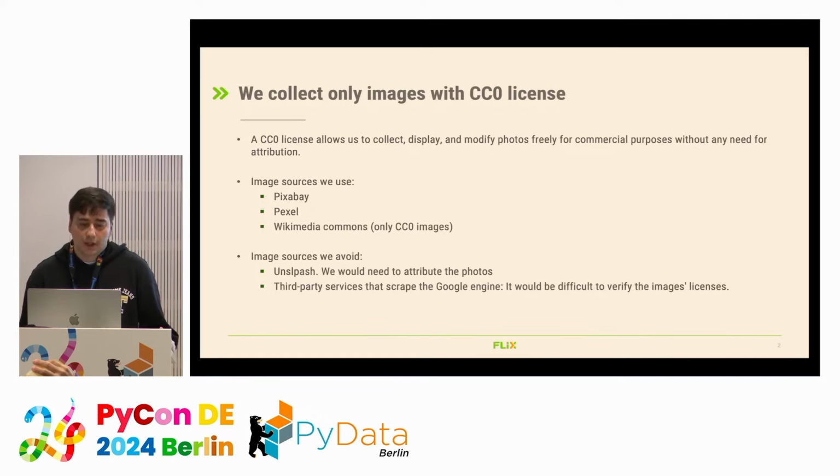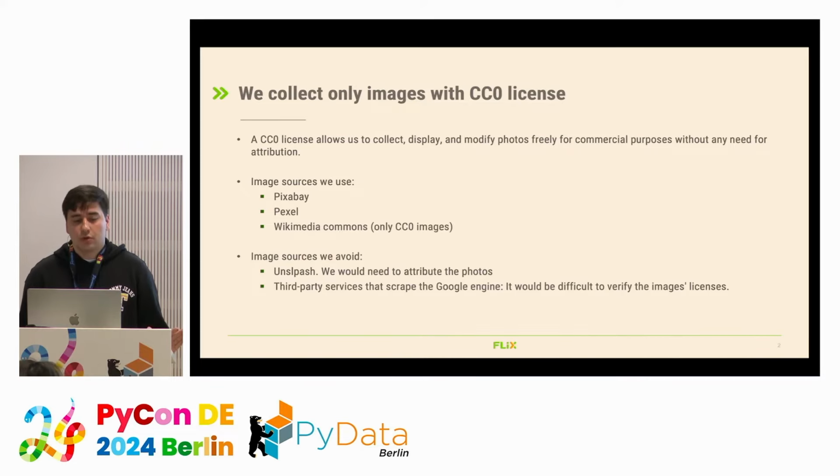Okay, let's go step by step. First, image collection. Note here that we use only images under a CC0 license or another publicly available license. It means we can collect, modify, and display these images without any attribution, for commercial purposes.